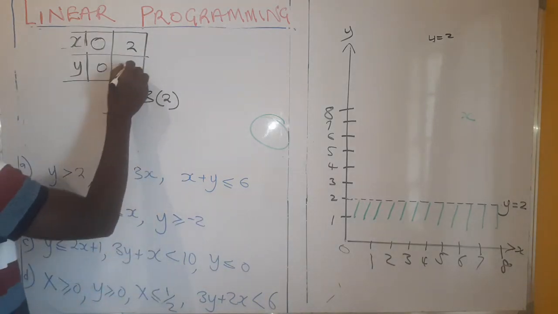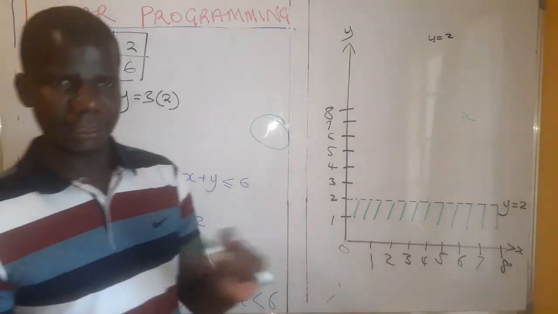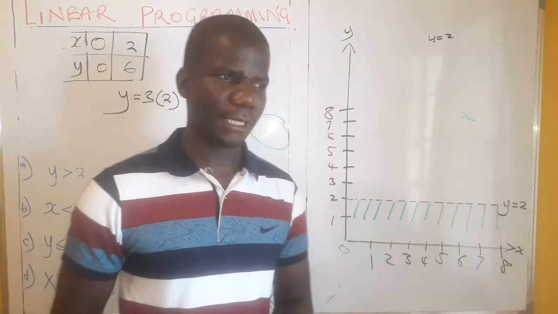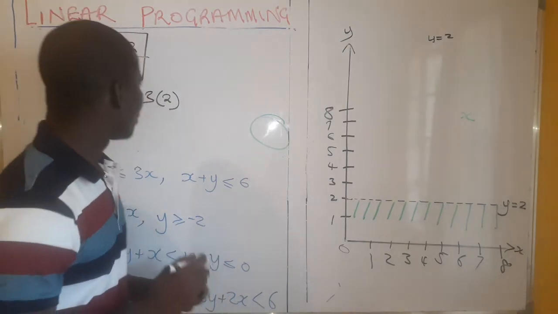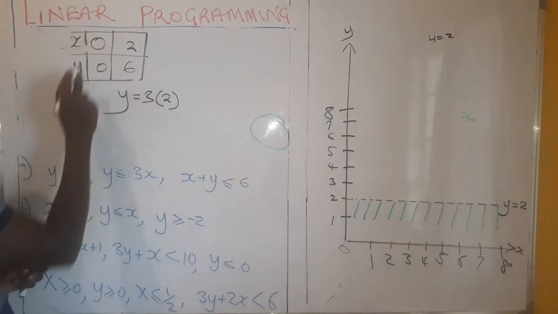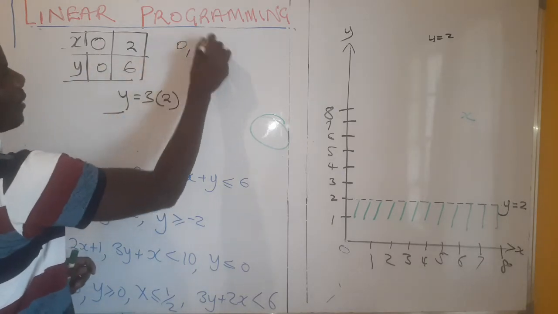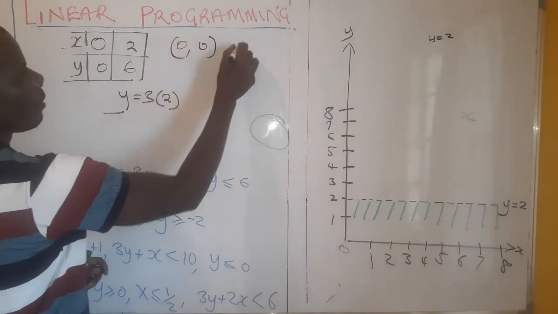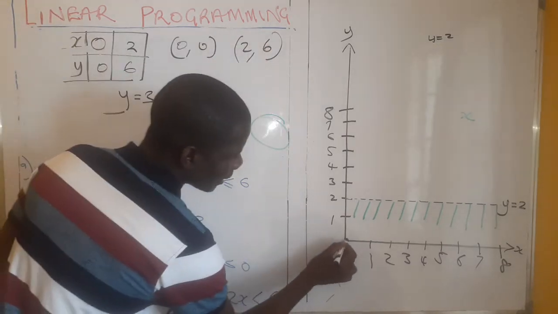My y is going to be 6. Sometimes, as for me, two coordinates are enough, as long as they're far apart from each other. So we can use these coordinates now to draw this. We have 0, 0 for the first one. Then the second one we have got 2, 6. 0, 0 is this point here.